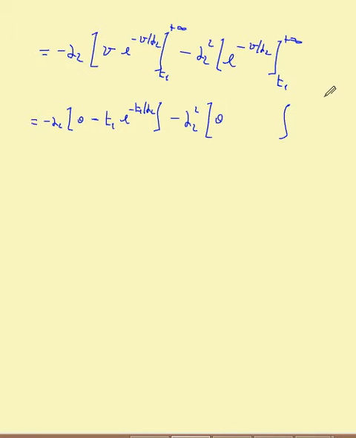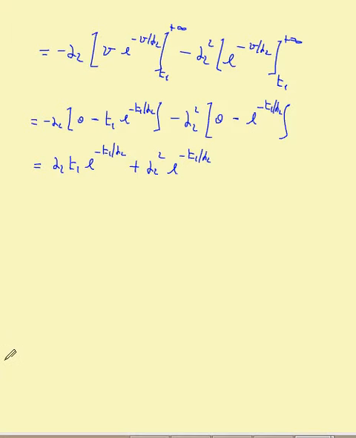You get 0 as v goes to plus infinite, minus e to the power of minus t1 over alpha 2. So the final value of the integral will be equal to alpha 2 t1 e to the power of minus t1 over alpha 2 plus alpha 2 squared e to the power of minus t1 over alpha 2. You get this result? Okay.